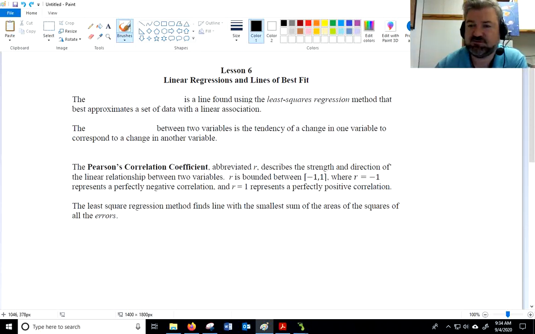So let's fill this in together. The line of best fit. The line of best fit is a line found using the least squares regression method that best approximates a set of data with a linear association. The correlation between two variables, let's fill that in.